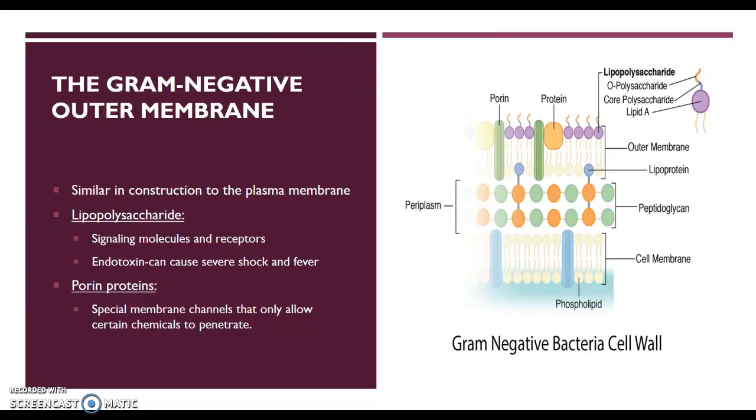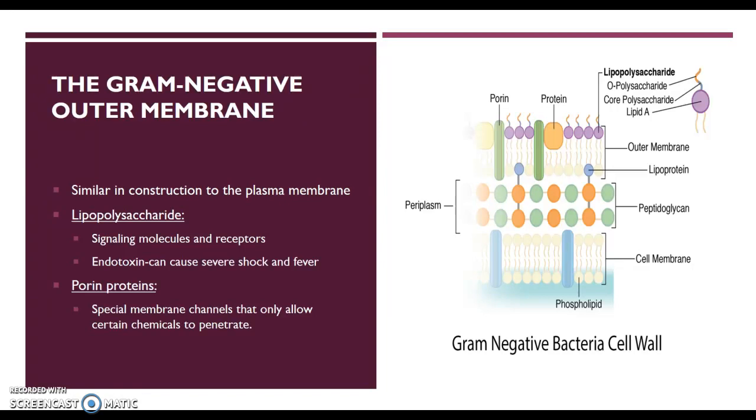Let's take a look at the gram-negative outer membrane. So this membrane is similar in construction to the cell membrane. However, there are a couple of components that are new, and the first is those lipopolysaccharides, and these act as receptor molecules.